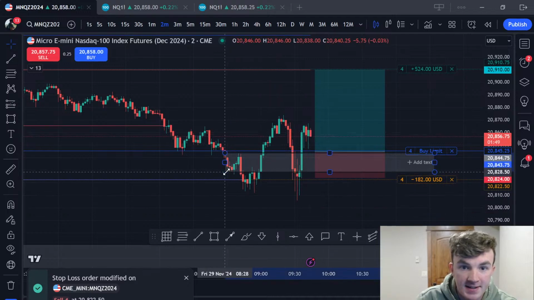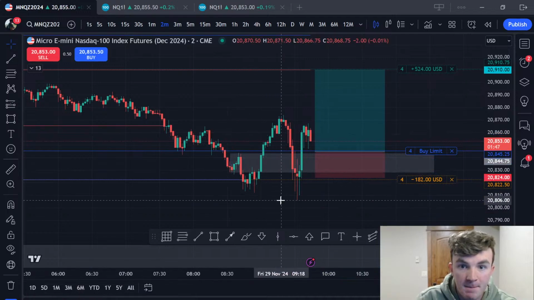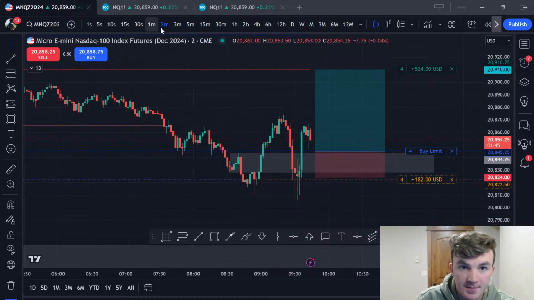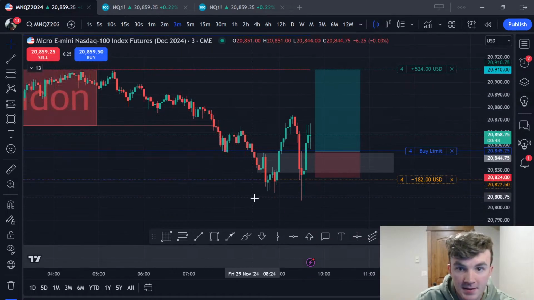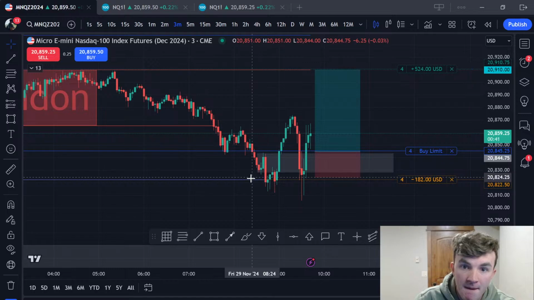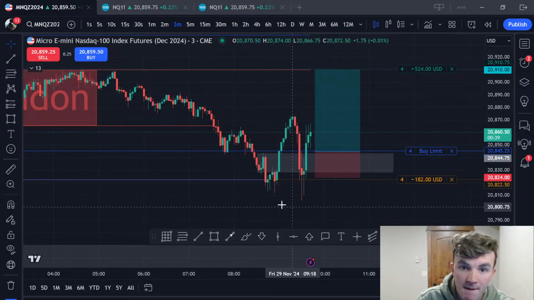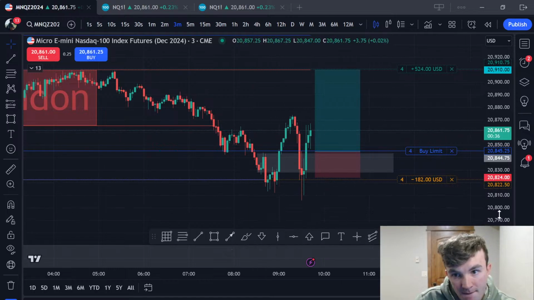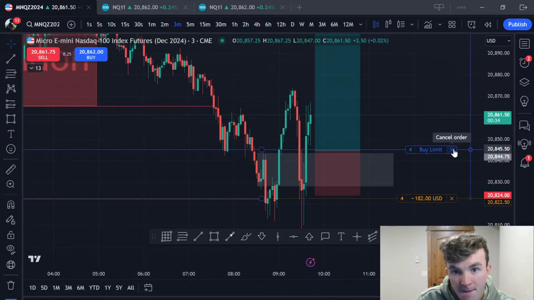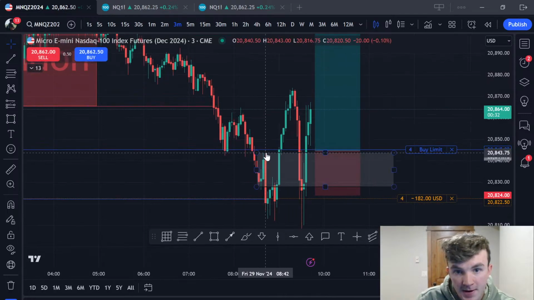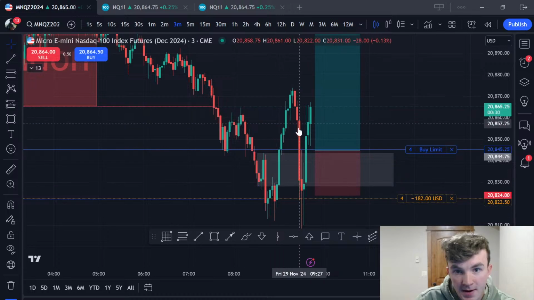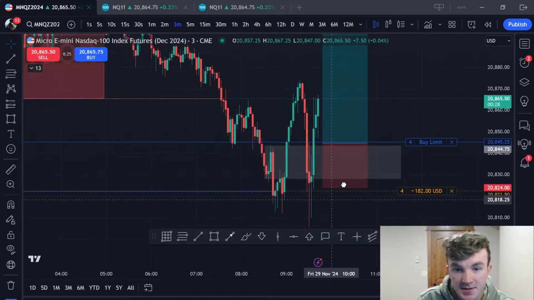I guess technically this breaker did not hold before, so maybe it's not that good. Look at this. Low, high, lower low, higher high. Breaker just completely failed.